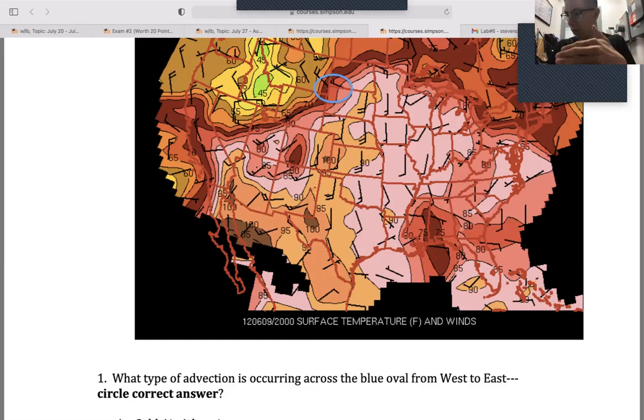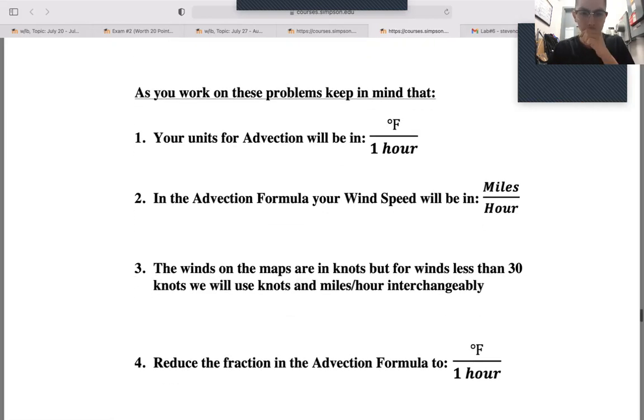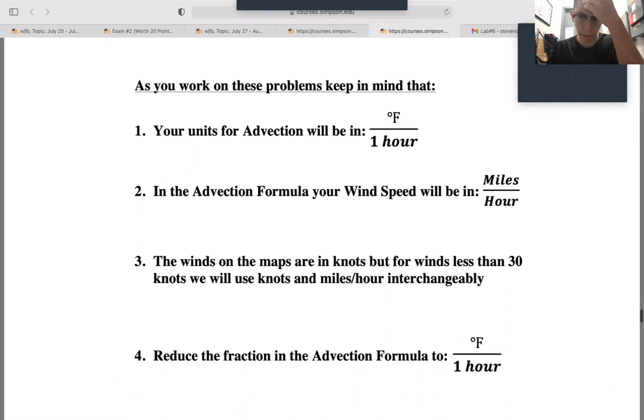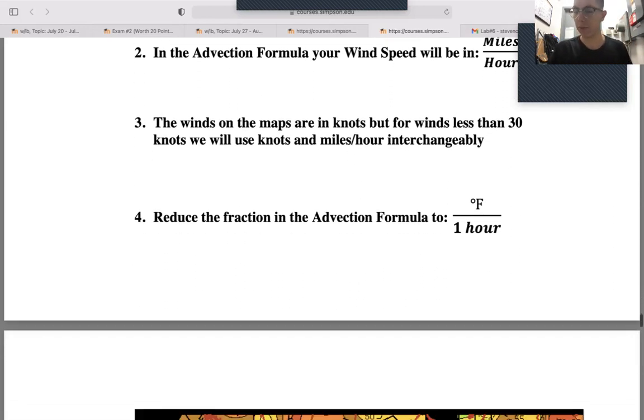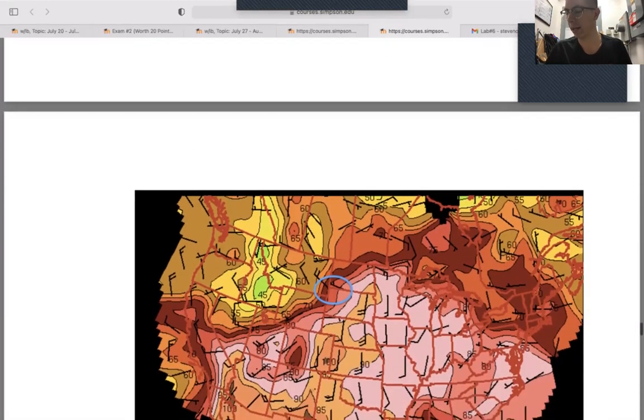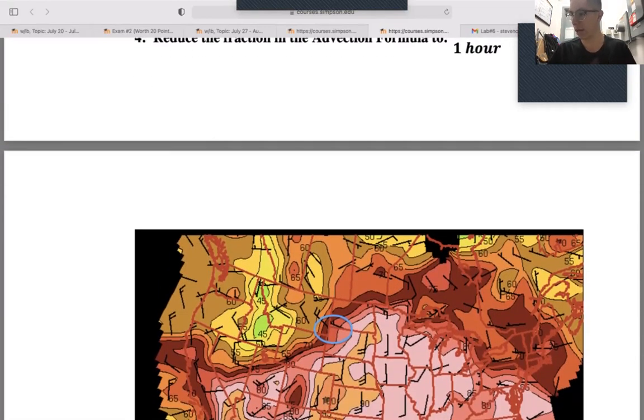And I put that over the hour, because that's what you gave us right here, to reduce the fraction in the advection formula to the temperature over an hour. So I ended up with 1.5 over the hour, and that calls for significant advection, because we need at least 0.5 or more per hour to be considered significant advection.